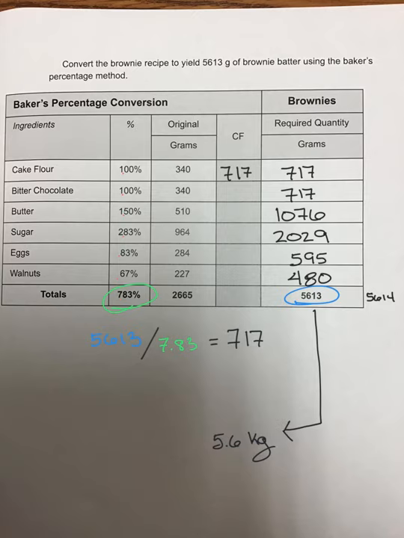That adds up to 5614. Our original number was 5613. The difference is negligible. If we did need to scale this to kilograms, it would be 5.6.